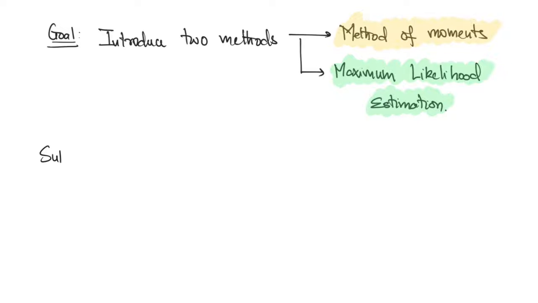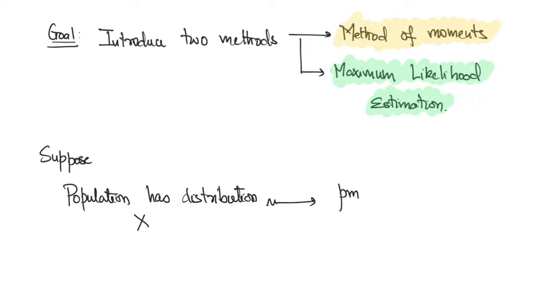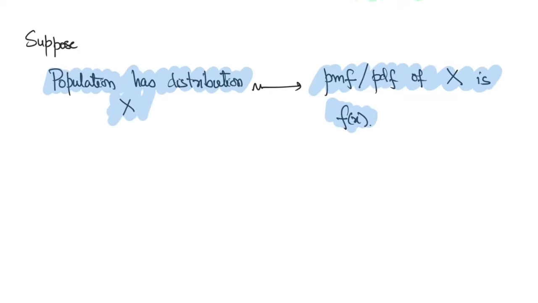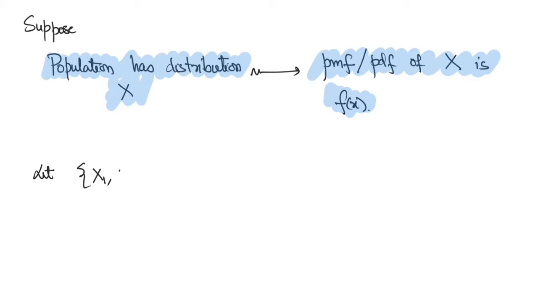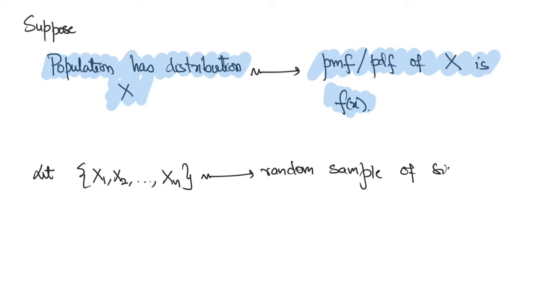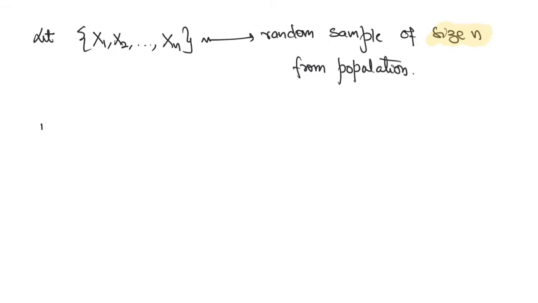Let's begin by setting up some basic machinery here. Suppose we have a population that has distribution X and its PMF or probability density function is given by the function f of x. In this setting, we will let x1 through xn be a random sample of size n coming from the given population.